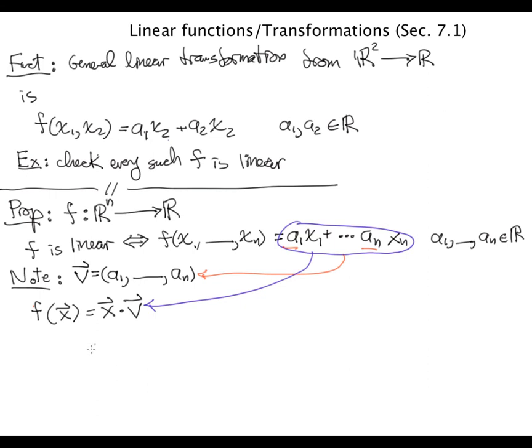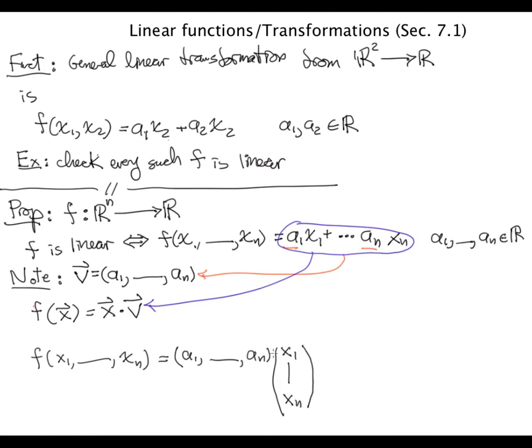Well, I'll write this another way. Another way to think of this is that f of the vector x, which maybe I'll write out in coordinates, x1 through xn, is none other than the vector v, which is to say a1 through an, times x1 through xn written as a column vector.